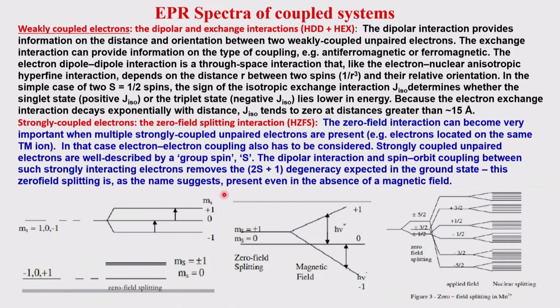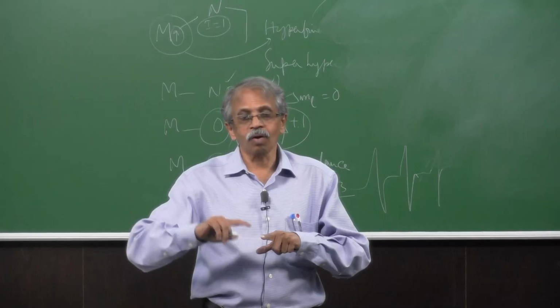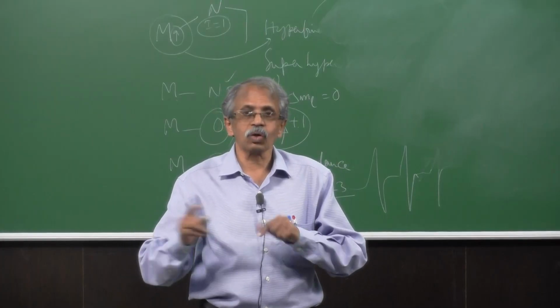How two electrons? It is not a diradical, but a lot of transition metals in some spin state, the high spin state, will have 2 electrons, and sometimes even a lower spin state could have. These 2 electrons may be weakly connected or strongly connected.